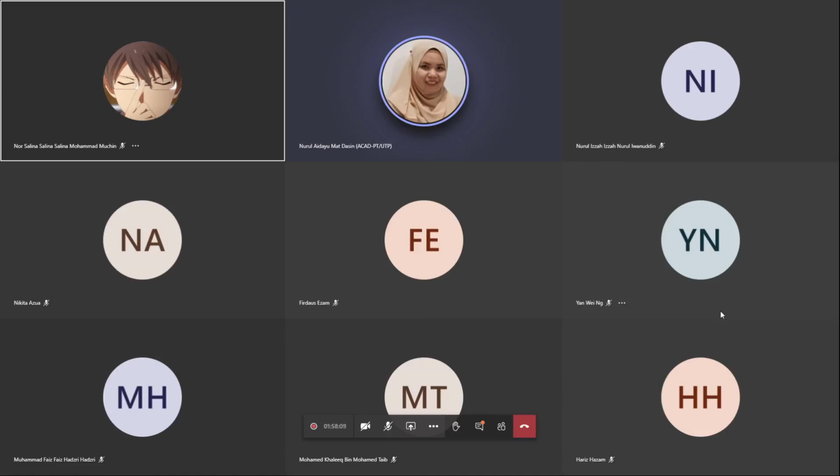Hydrogen bond is the strongest. But if we compare with covalent and ionic, ionic is the strongest compared to these four. Is that clear? Yes, Miss.